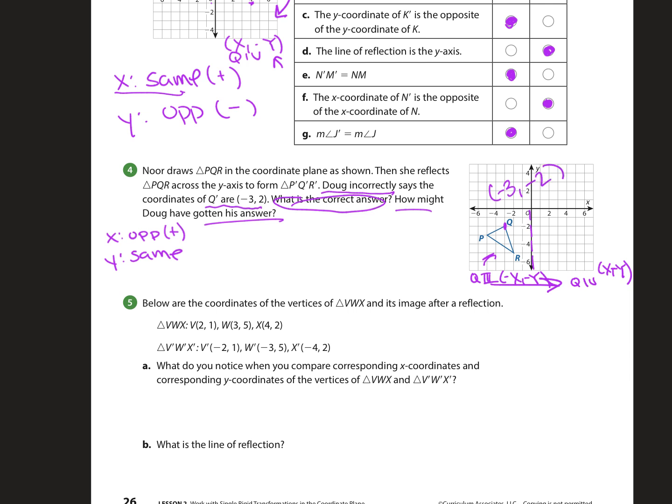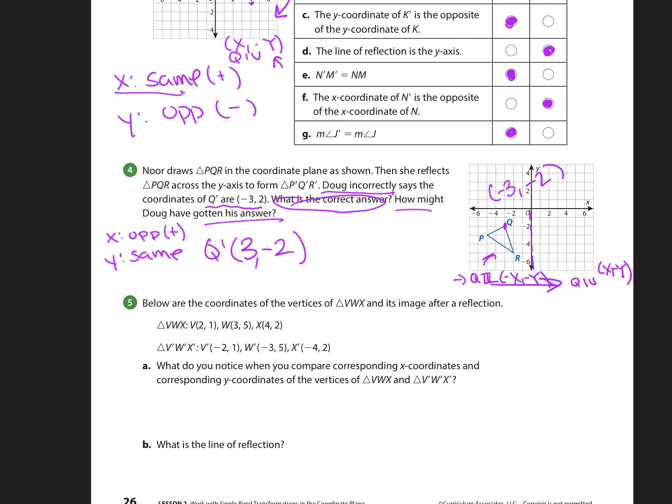It's in quadrant 3, so everything is negative, right? We're moving to quadrant 4, so the X needs to be positive. So Q prime, that negative 3 is now a 3. The Y is going to stay the same. So Y stays negative 2. So he had the opposite. He changed the X instead of the Y.